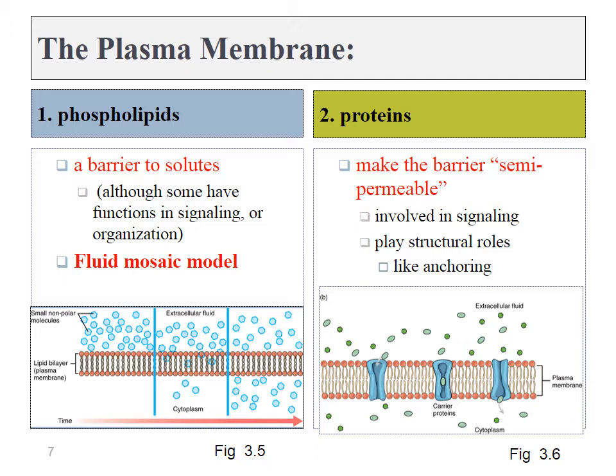These proteins will be able to bind and move hydrophilic molecules across the plasma membrane. We therefore say that the plasma membrane is semi-permeable. It is permeable to some substances, but not to others.